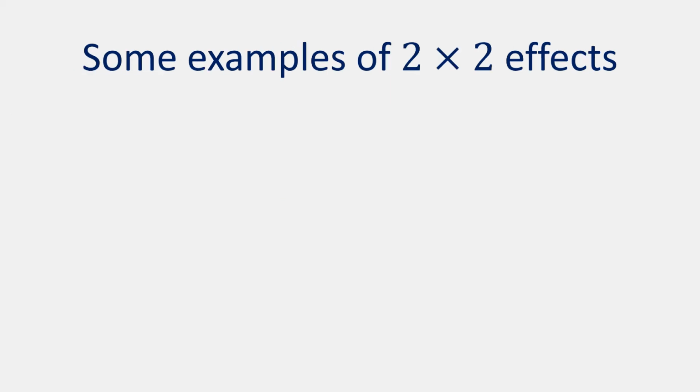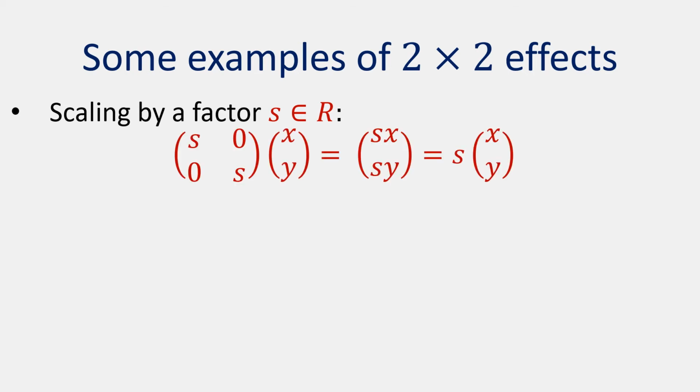So let's have a look at some examples of what I'm calling 2x2 graphical effects. One of the processes we might want to carry out is scaling an object by some constant value, by some real value. And we can do that by using a 2x2 matrix multiplication.